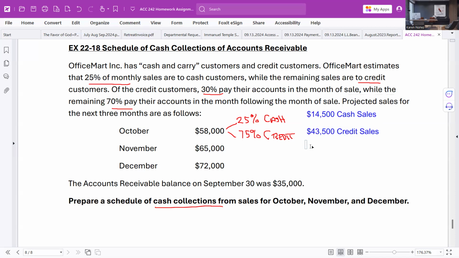So let me see if I can just move this up a little bit, and we'll do the same thing here. So in the month of November, cash sales are going to be, I think it might be easier actually if I multiply times 25%. That is going to equal cash sales of 16,250.